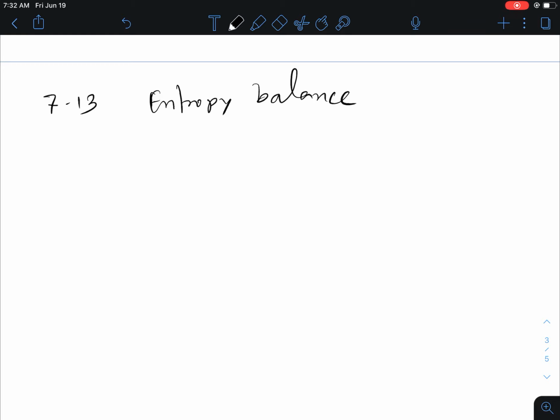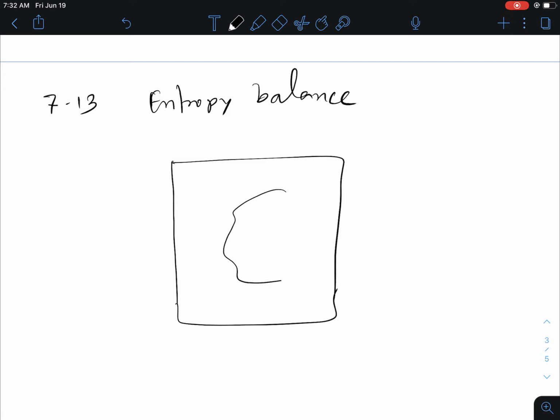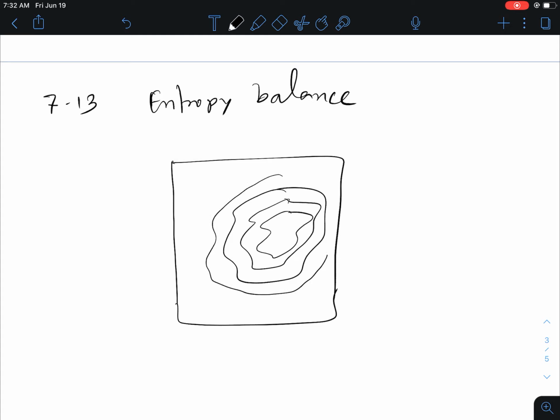So for the entropy balance for a system, if we consider a system that has multiple systems within it, then the entropy of this system equals how much entropy is incoming, S in, and how much is outgoing, S out.